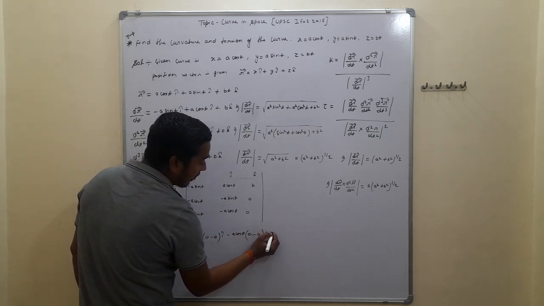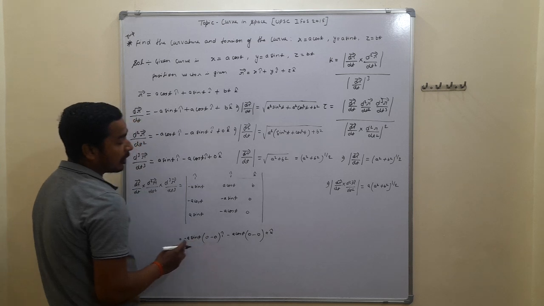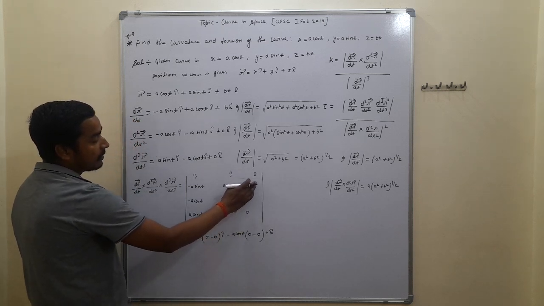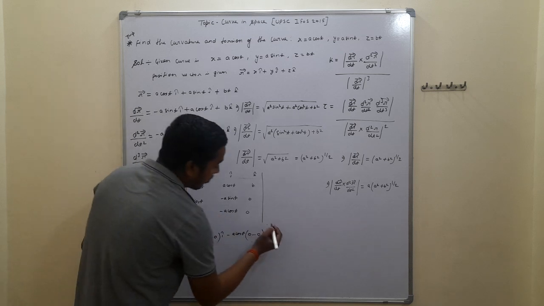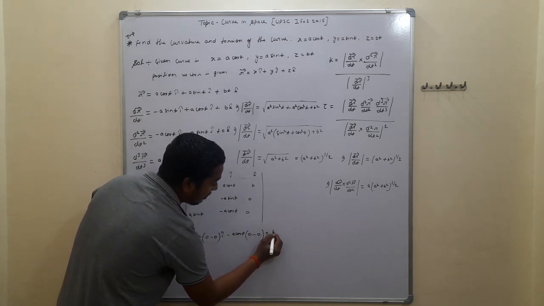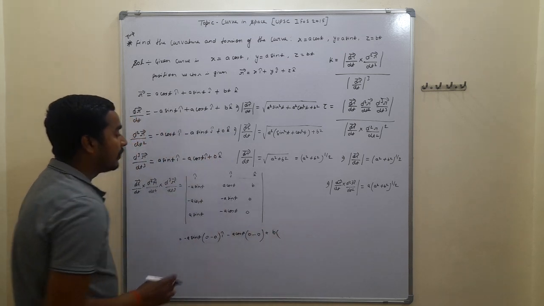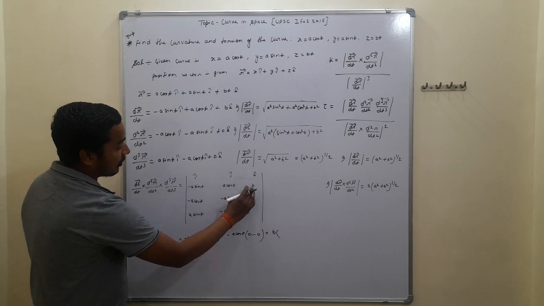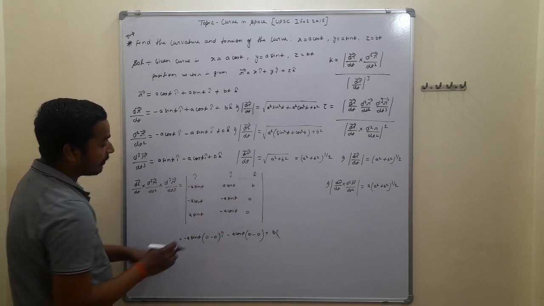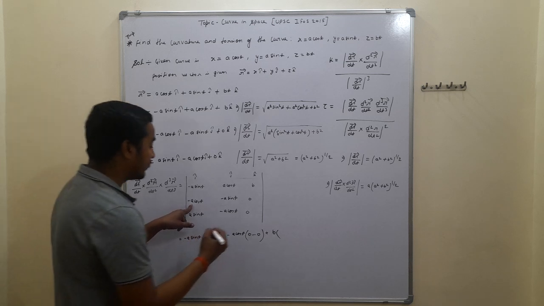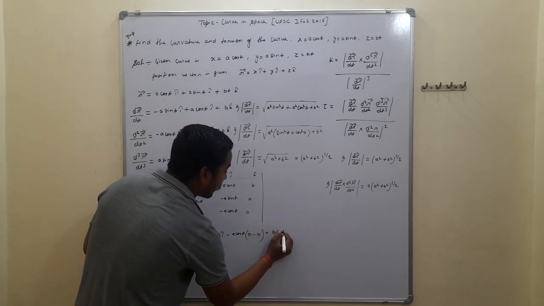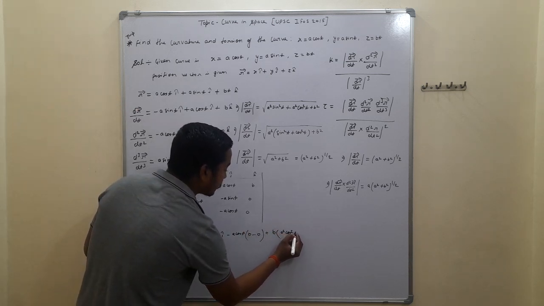And for k cap, when we solve for k cap, this row and this column are eliminated. Minus a cos t multiplied with minus a cos t gives a square cos square t.